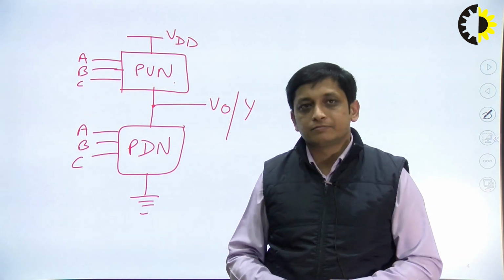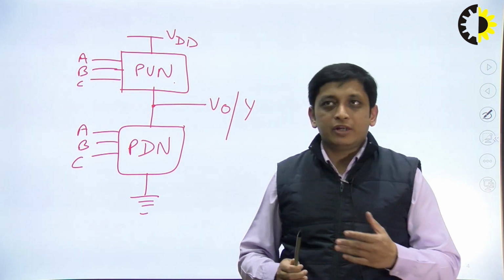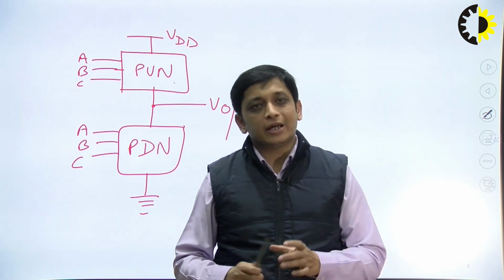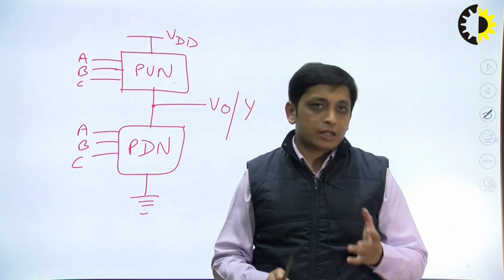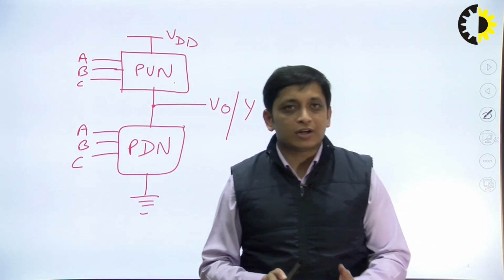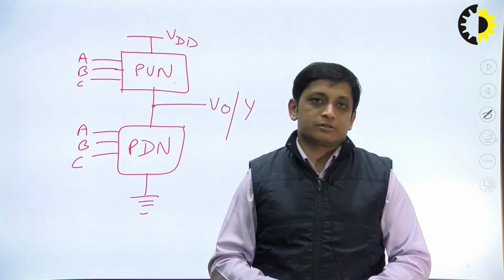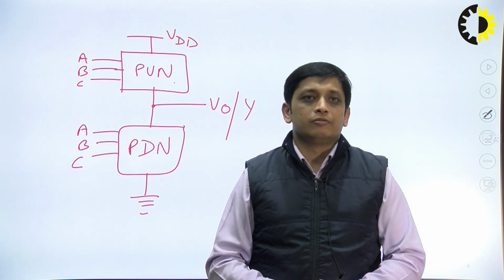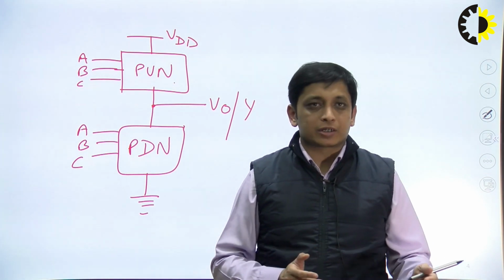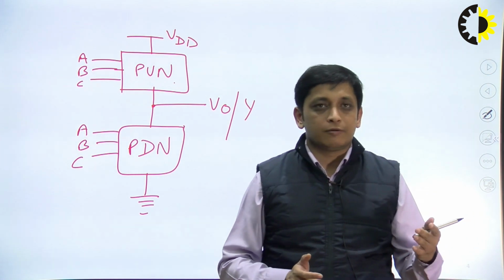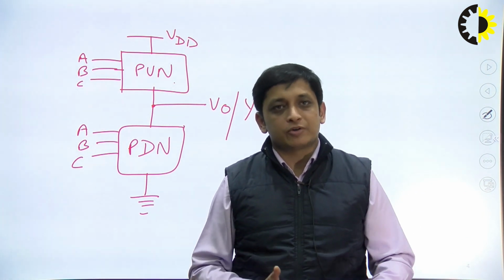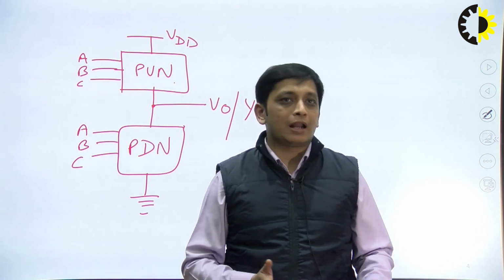Now see, firstly we need to understand that in the pull down network, when we take these NMOS transistors, how will we connect them, in series or parallel? Similarly, in the pull up network, how are we going to connect those PMOS transistors, in series or in parallel?